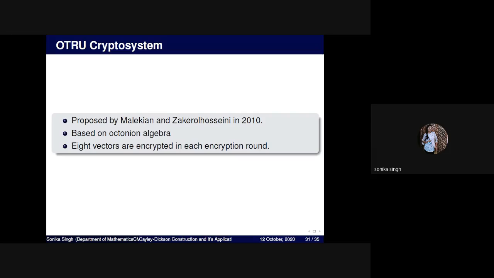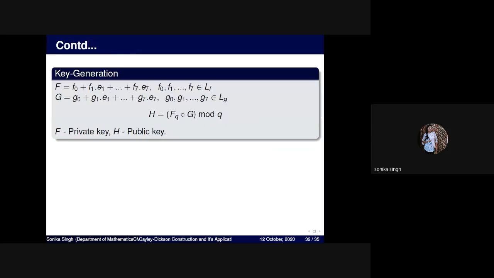If we compare it with the original NTRU crypto system, for the same parameters, OTRU is 8 times slower than NTRU. But if we observe separately, not for the same parameters, because here the dimension is 8 times that of NTRU, we can see that OTRU is 8 times speedier than NTRU.